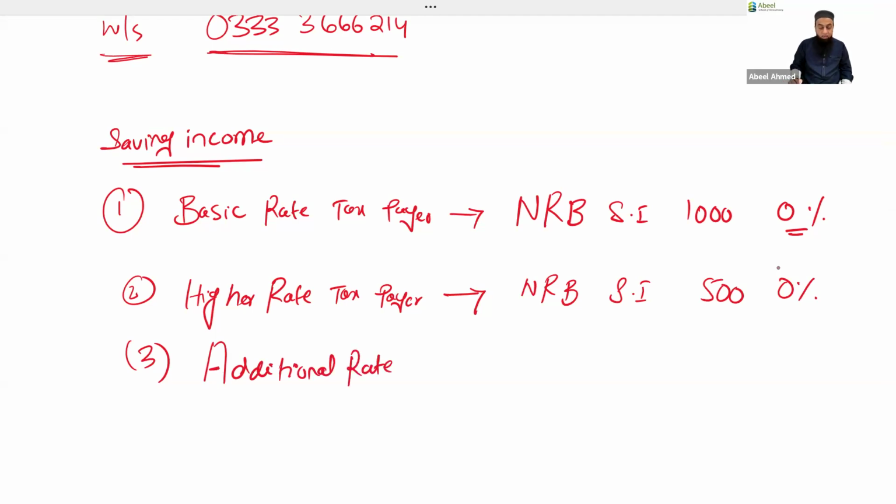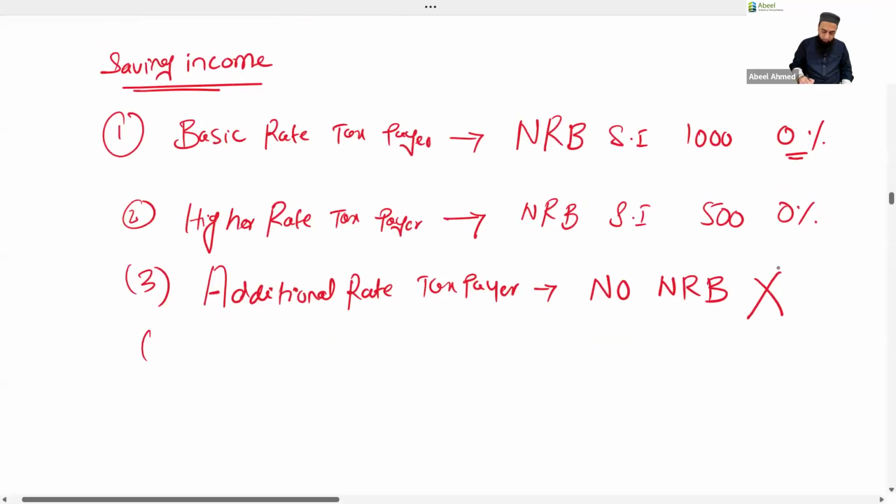Additional rate means having taxable income of more than 125,140. Finally, there's one rule relating to the starting rate band.